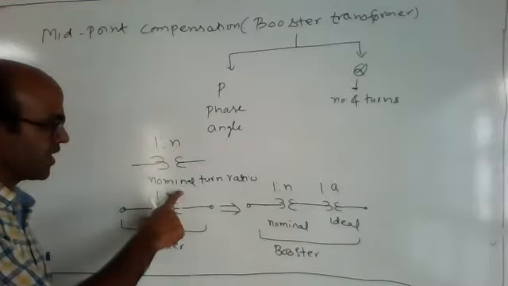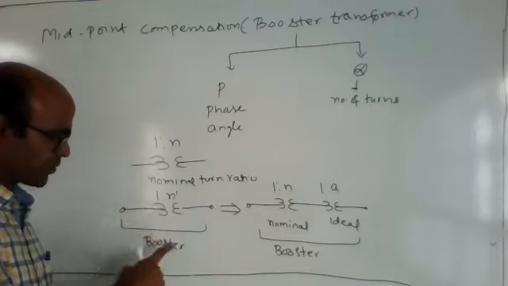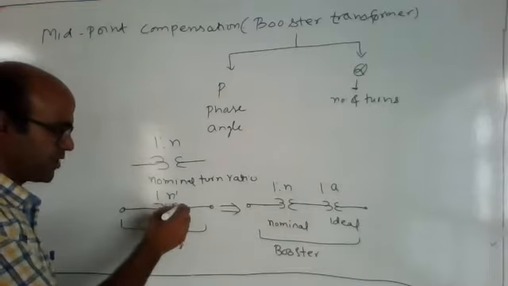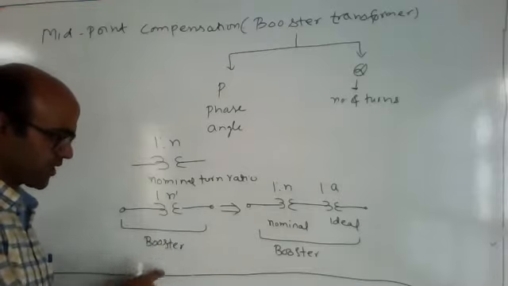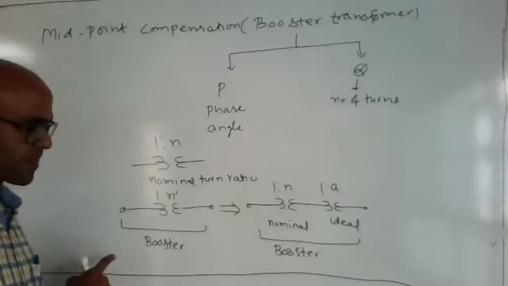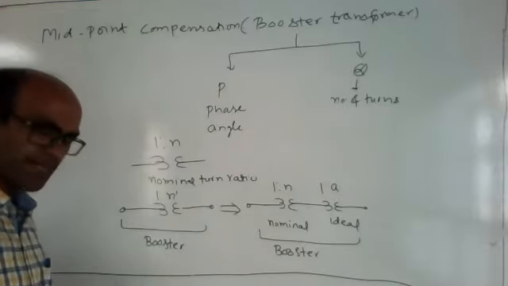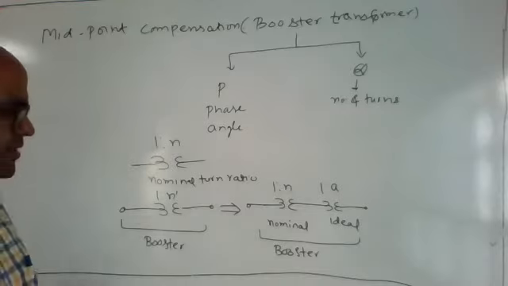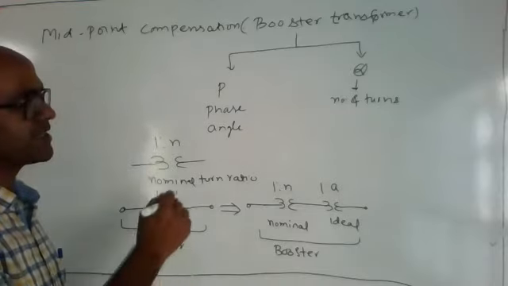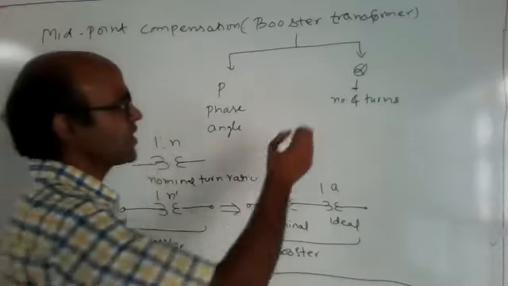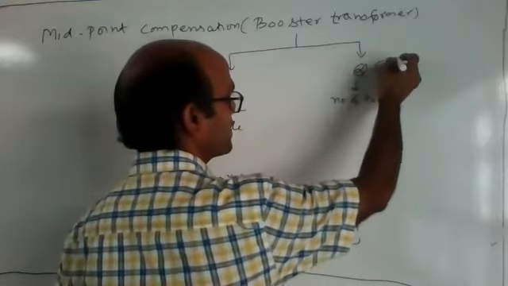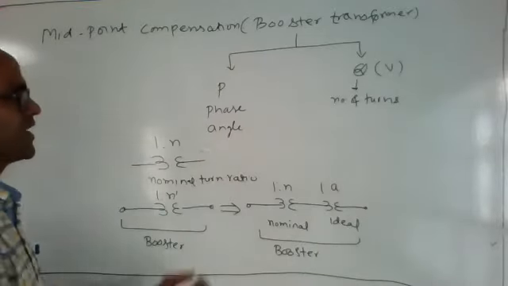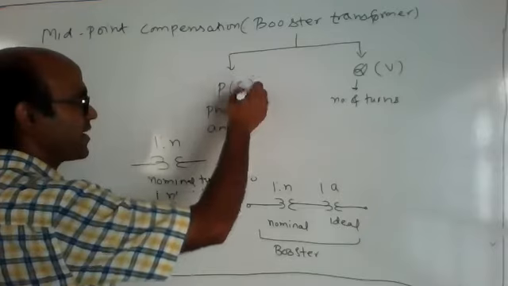N dash is the number of turns of the secondary which we are changing in the booster transformer. Okay. So if we are changing the secondary number of turns, it means we are changing voltage, reactive power, or we can say voltage. Phase angle means delta.